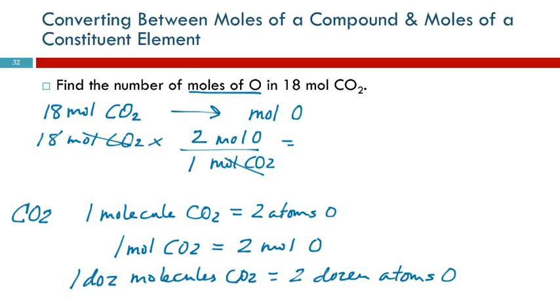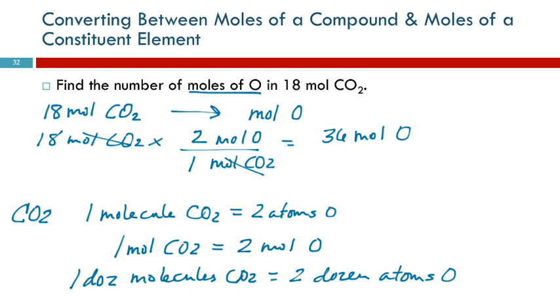And if you can do these individual steps, then pushing them together isn't so hard. If you're doing some of this in your head just because it makes sense to you, that'll be great, but most likely not. So, good question. So, 18 times 2, we're going to get 36 moles of oxygen.